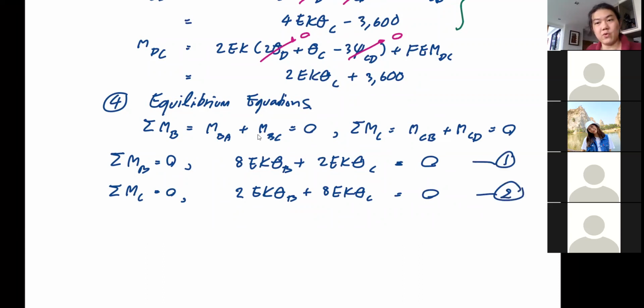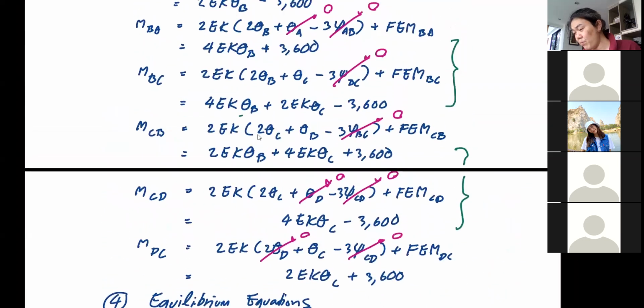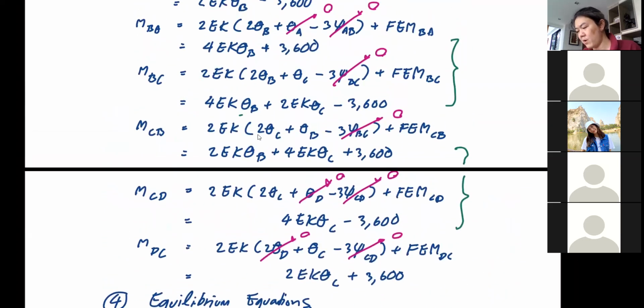For those of you who do not wish or do not know how to take advantage of symmetry, you will end up having two equations to solve. But for those of you who know how to take advantage of the symmetry, your theta C will be gone from your process.